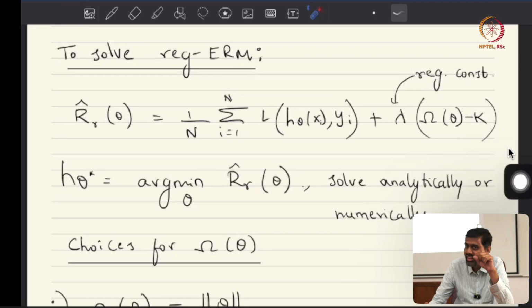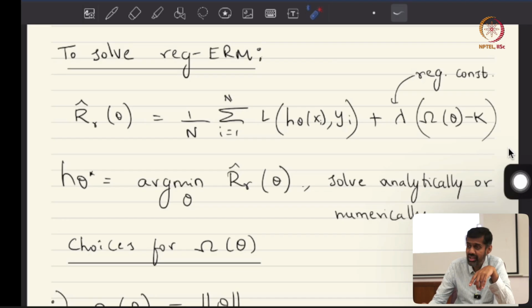Otherwise, if the underlying reality is close to low frequency or lower degree polynomials, then you cannot bring the empirical risk lower by putting the coefficients corresponding to the lower degree terms towards 0. You see this? So, this is how a regularizer works.